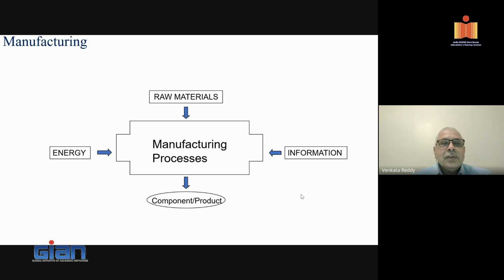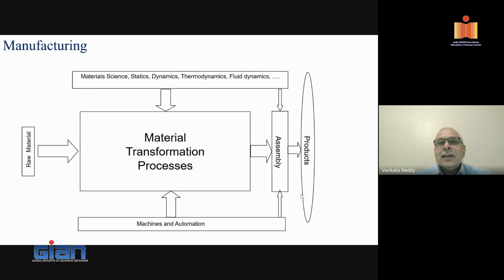Another way to simply look at it is as a production floor: raw materials, energy, information necessary for the component geometry, product geometry, then the component and product will be coming out. But another very important thing, when it comes to the education part of it, is that all these things play a very important role.